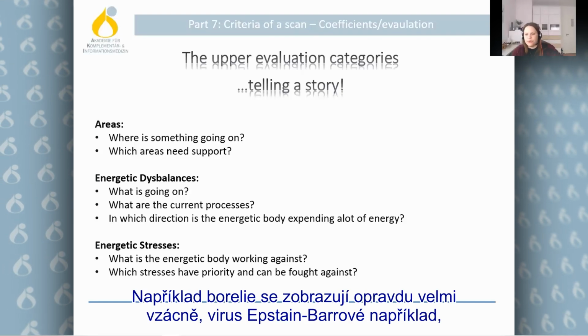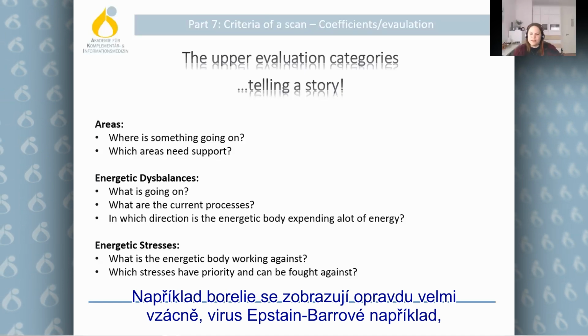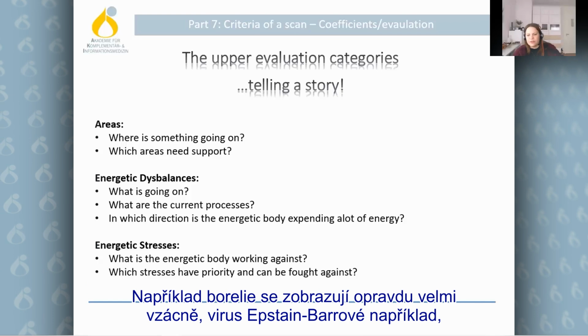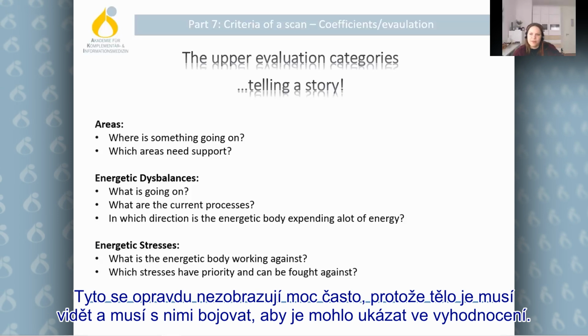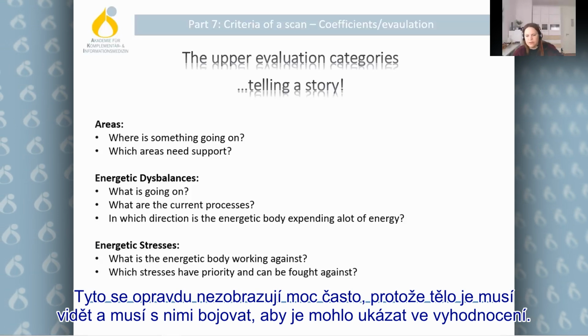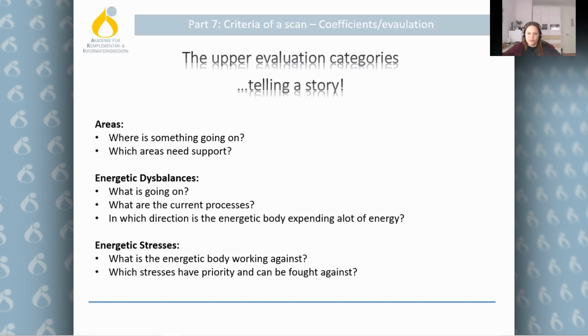For example, the Borrelias show up really rarely, and the Epstein-Barr virus, for example, is not listed often, because the body needs to see them and fight against them to be able to show them to us in the evaluation.